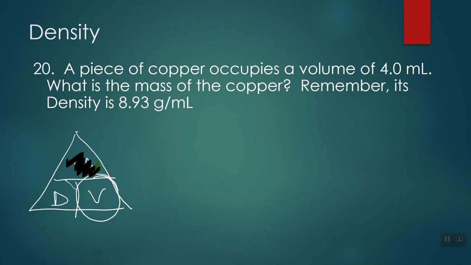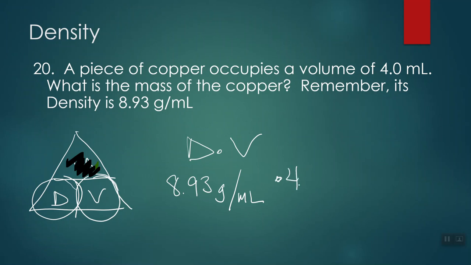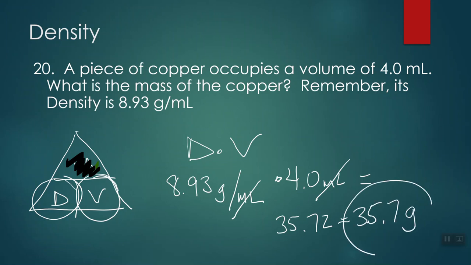All right. And they give you density. So it's D times V. Density, 8.93 grams per milliliter times 4.0 milliliters. Milliliters crosses out. Calculate with me. 8.93 times 4.0 is 35.72. How about just 35.7 grams?